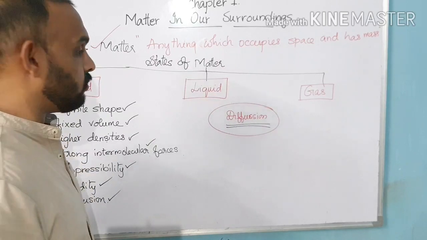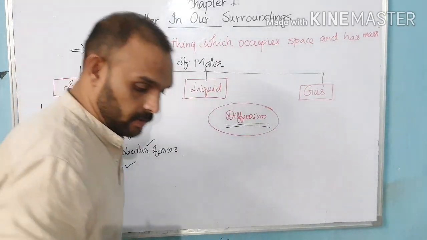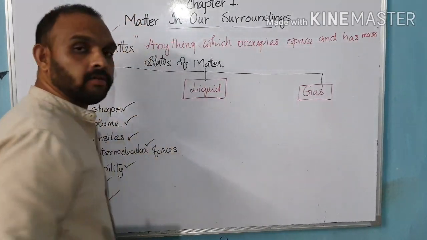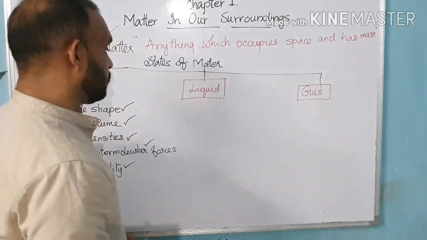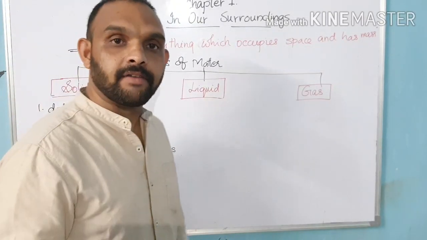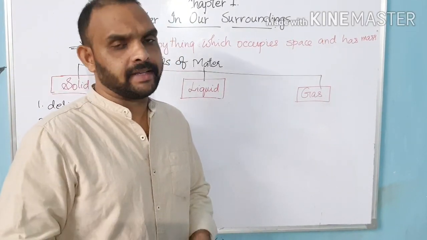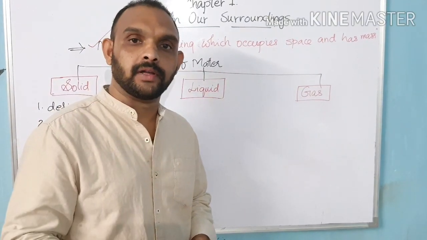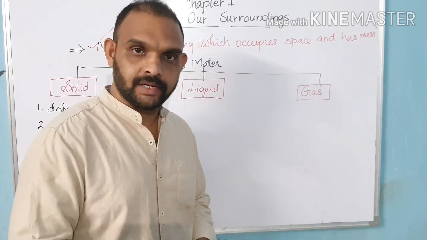Clear? Now coming to the liquid state. The first one is definite shape. Do liquids have definite shape? For example, if we take water in a glass and pour that water into a mug, what is the shape?